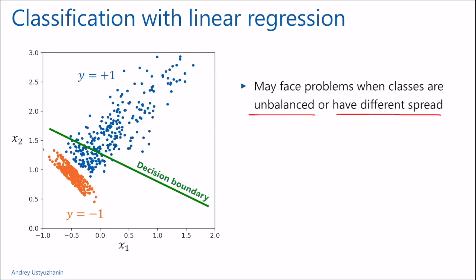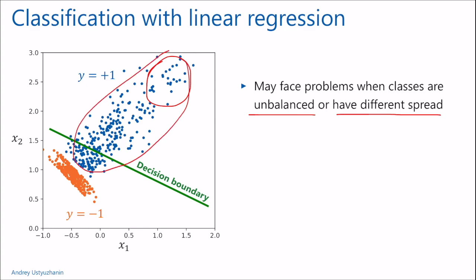Because of the loss function, it introduces an unnecessary shift towards the far away examples, or towards the class that has bigger population.